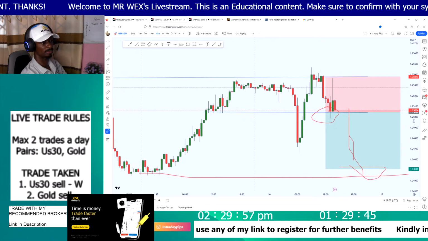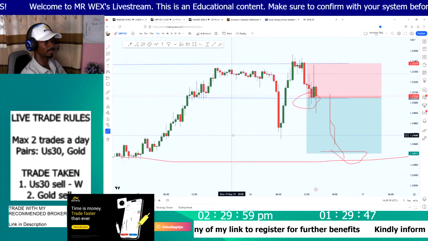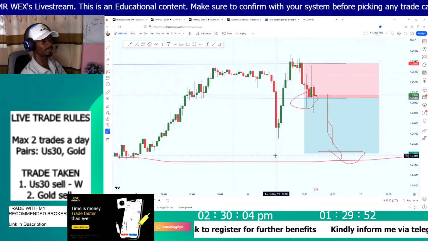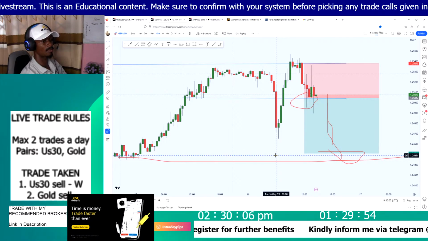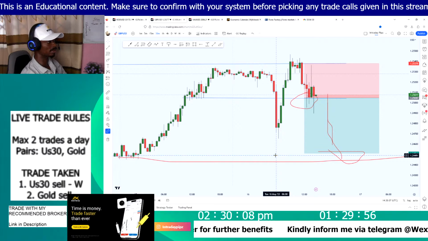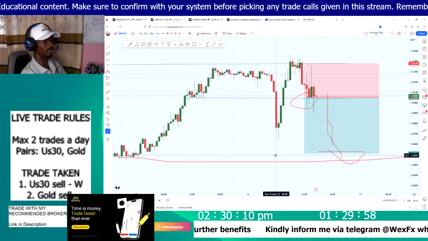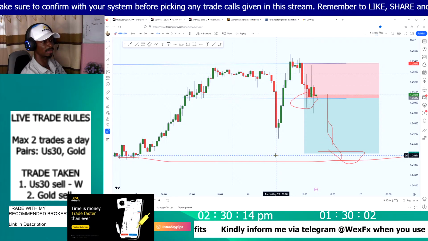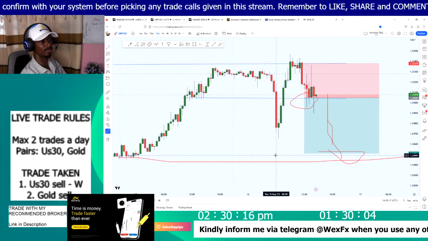Oh no, few seconds and it's misbehaving. So it actually did not close as expected though, but there's still bearish possibility, very strong bearish possibility.